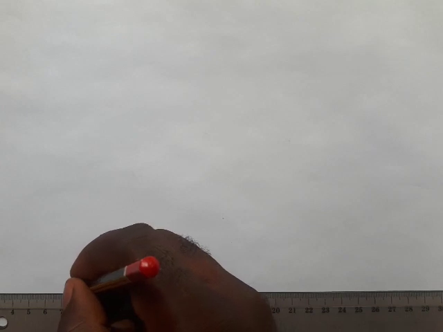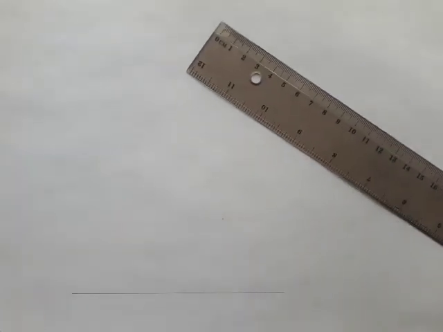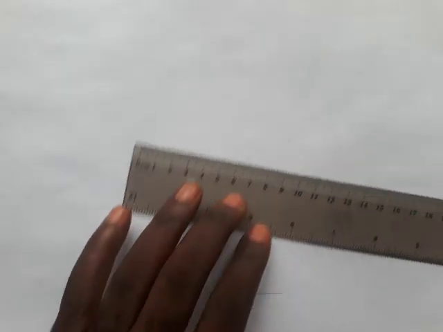Okay, so we start by drawing a thin horizontal line in this form. We're going to draw the pentagon on it. So that's it. Now we're going to take the measurement, which is 43. So we measure 43, which is 4.3.